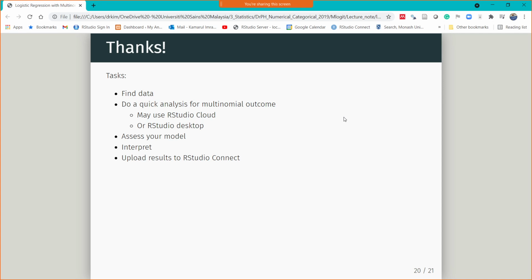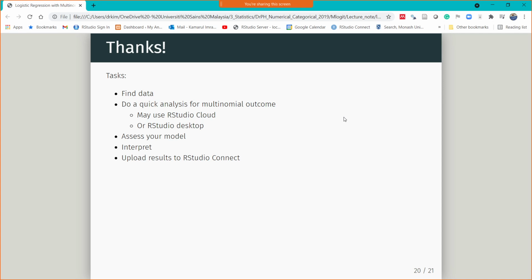Do a quick analysis. You don't have to do a very long analysis like in my notes. Just do a very short EDA, and then a very short estimation, inference, and probability. I think that's good enough. But do it many times.